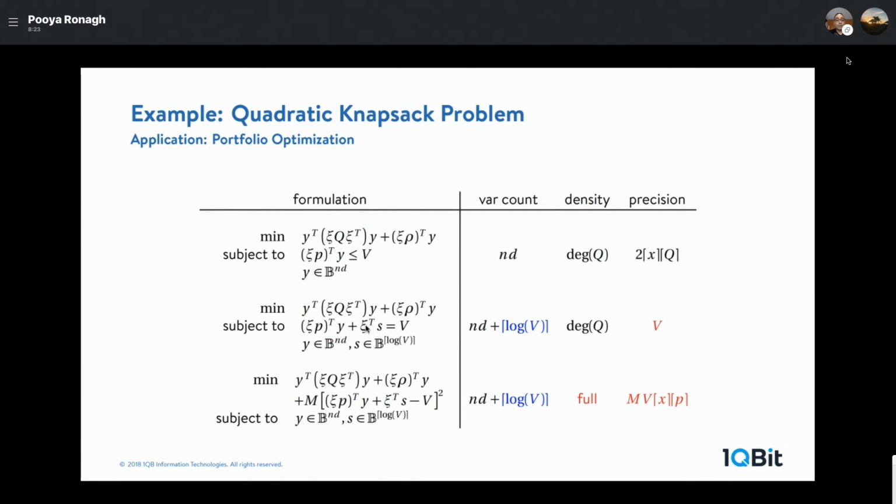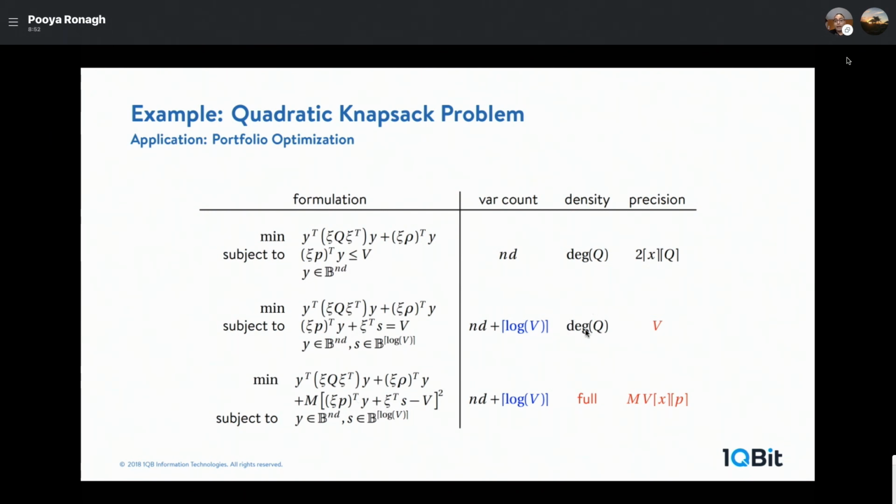This conversion would create coefficients for these binary slack variables, which would be on the order of this constant V, which is usually much larger than the coefficients that appeared in the interactions between the variables in the original problem. The situation becomes worse when we try to relax the problem with a penalty term, which creates a quadratic term in which every two variables in your problem get multiplied together.